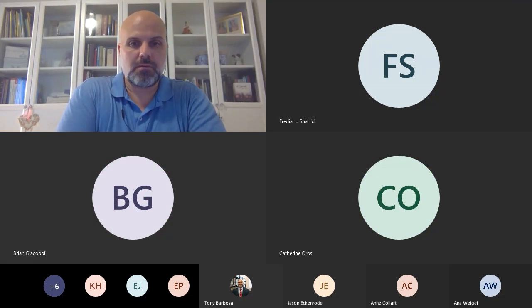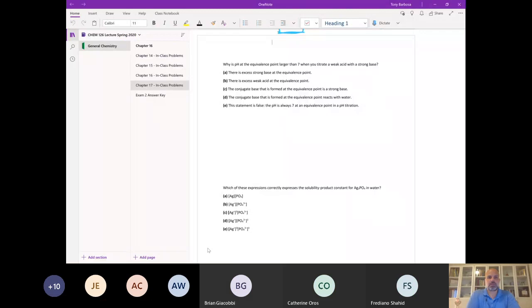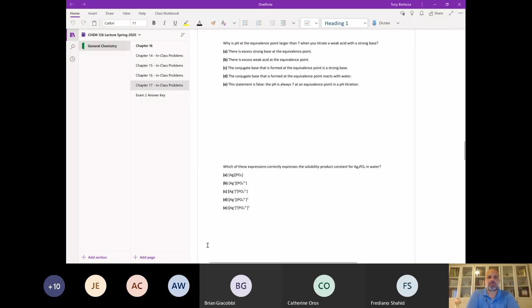Let's do a sample problem. All right, so here's the sample problem. Why is the pH at the equivalence point larger than 7 when you titrate a weak acid with a strong base? So when you get the answers A through E, type it into the chat box. And we'll go through.